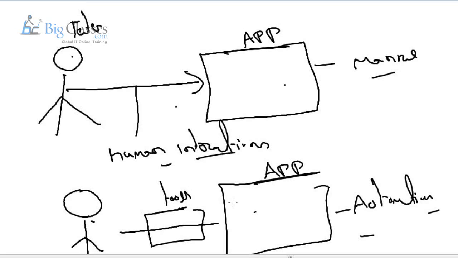If it is 10 or 20 kilometers, is it possible by walking? Definitely we need to use some automation tools. Same like that, guys. If it is a small size project, we can conduct testing on the application manually. If it is a big size project, we need to use automation. Where the task is big and the requirements are repetitive, at that time we can use automation testing.